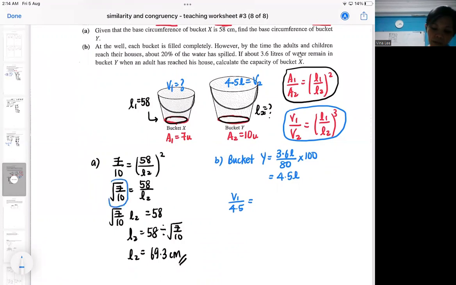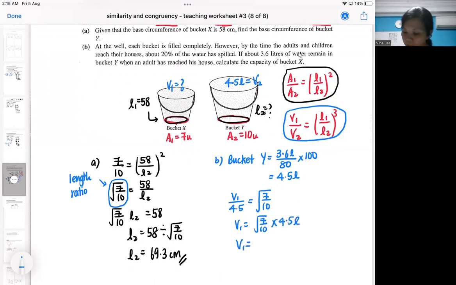This was my length ratio, after I take square root. From here, you multiply. That is in liters, so this one will also be in liters. So it's around 3.76 liters for bucket X.